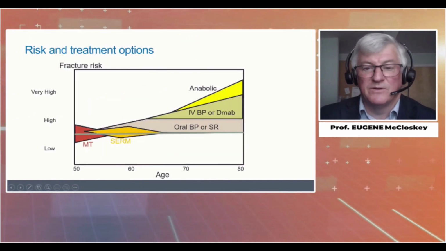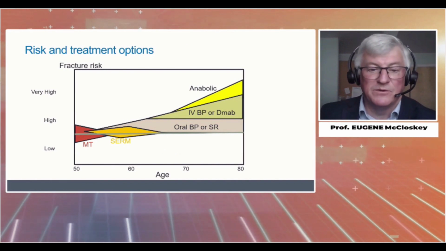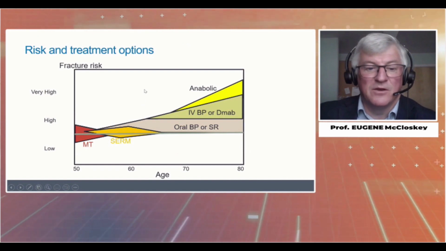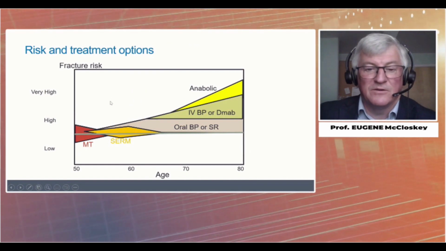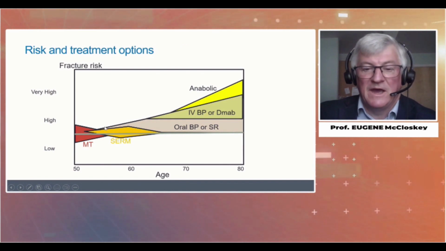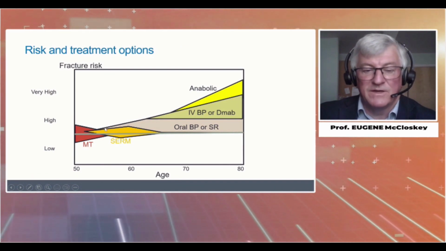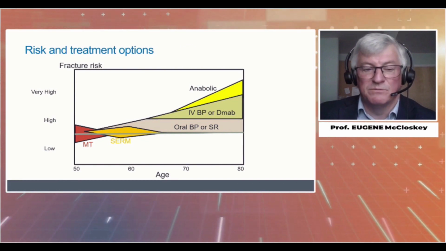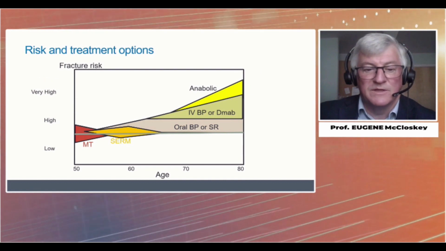And this really goes back to a concept that this is actually a diagram that I put together for a meeting in Japan about 14 or 15 years ago, and just looking at the concept of stratification of risk and the influence that might have on the choice of treatment. And we didn't really have much trial evidence at the time to support this.